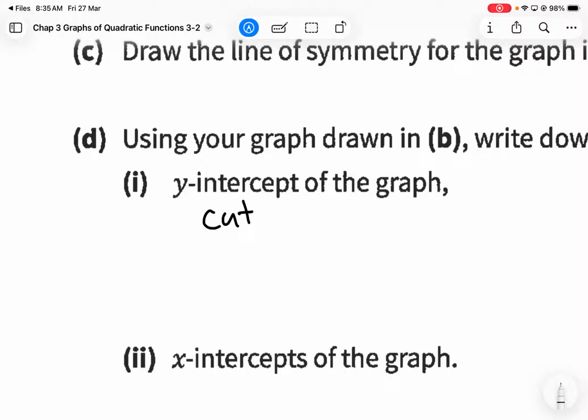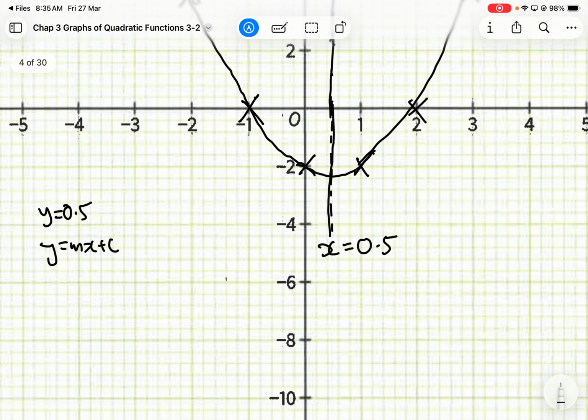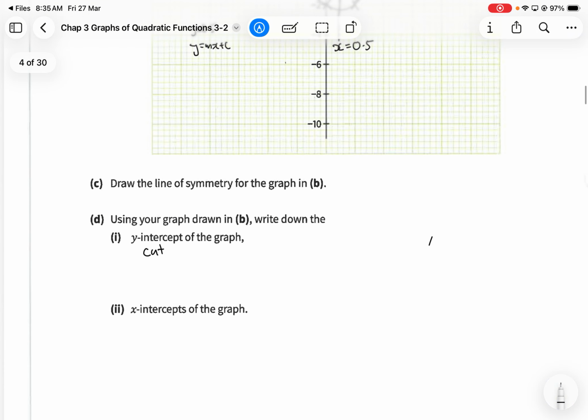So y-intercept is where your graph cuts the y-axis. So my y-axis is the vertical axis. Where my graph cuts the y-axis is this point here. So this is my y-intercept. Whenever the graph cuts the y-axis is your y-intercept. So my y-intercept is here. The coordinate is 0, -2.